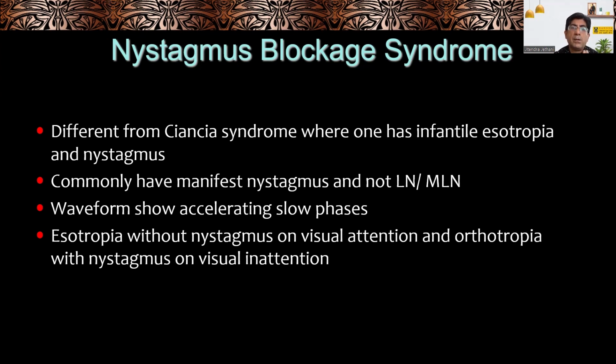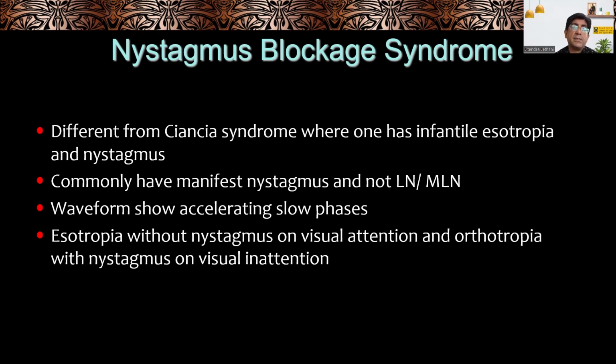They will commonly have manifest nystagmus and not really have latent nystagmus. And when you see the waveforms of these patients, they do show accelerating slow phases. So typically they would be like congenital motor or infantile idiopathic nystagmus syndrome.